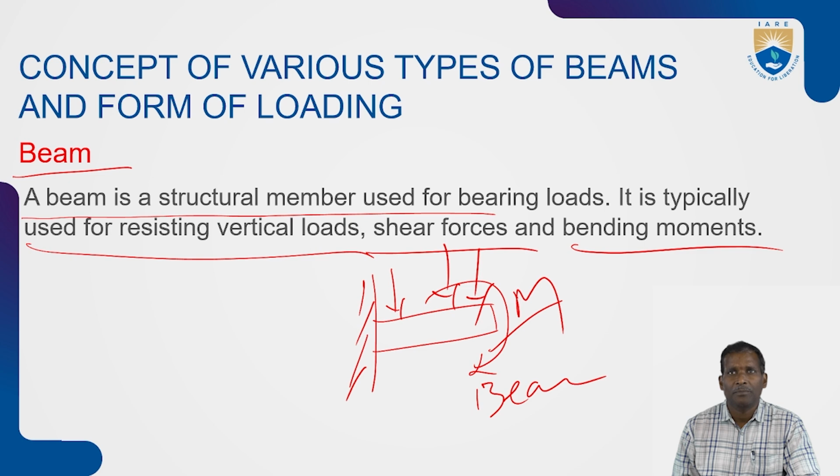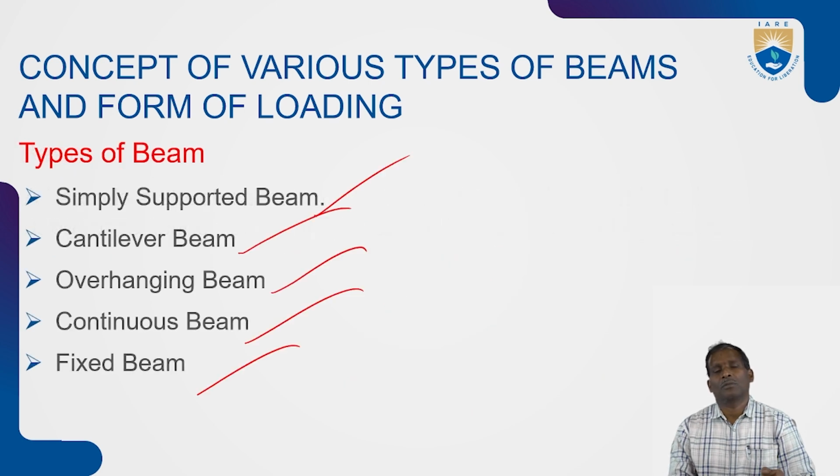We have studied that it carries a number of forces, a number of loads. It may be vertical loads, depending on the moments on these beams. So depending upon the nature of load and nature of supports, beams are divided into these types: cantilever beam, overhanging and continuous beam and fixed beam.